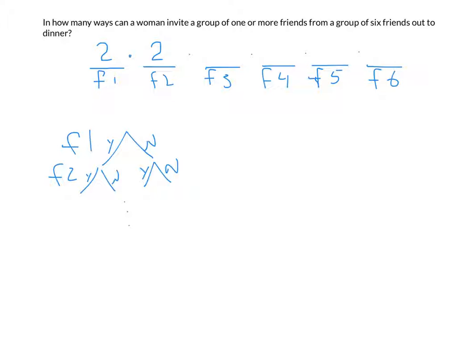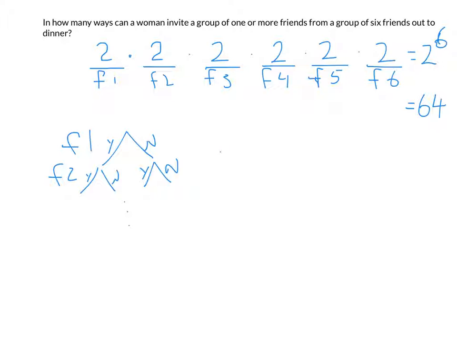Now, that means that the total paths through this tree is going to be 2 to the 6th power, which is 64 by the way, and with one little clever adjustment, we can recognize that instead of every path through that tree being okay, there's one path in that tree where you said no to every friend that isn't okay.